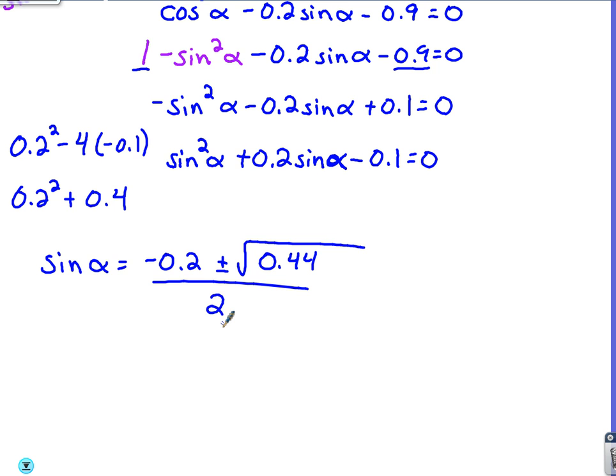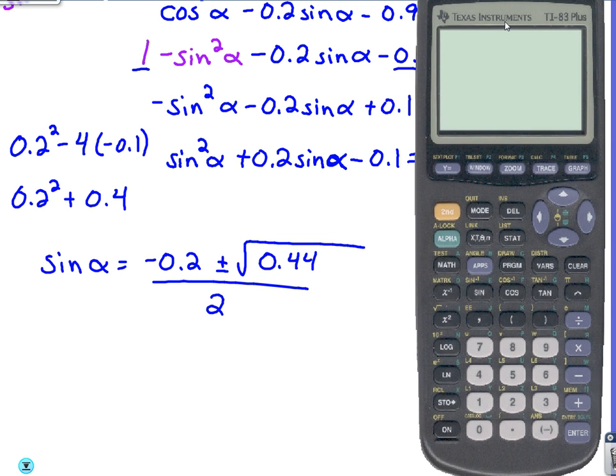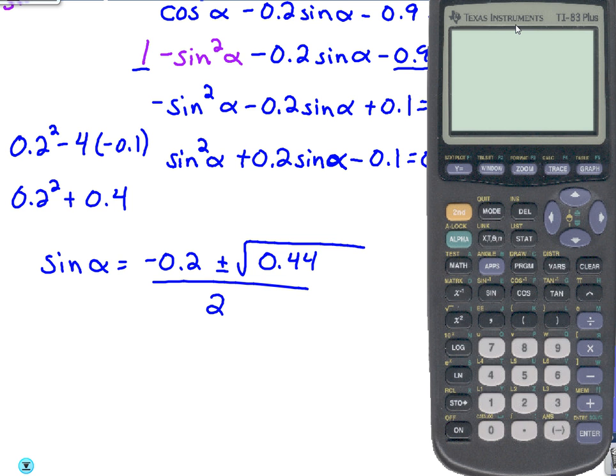So you've got, and I'm going to do this all on the calculator. I think it's just going to be easier. So you've got negative 0.2 plus the square root of 0.44 divided by 2. And I get 0.23166.